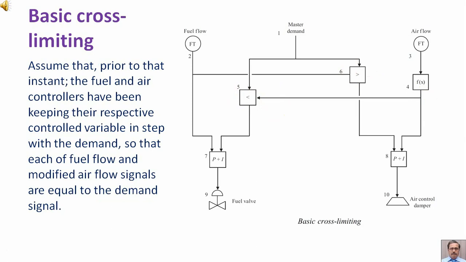Assume that prior to that instant, the fuel and air controllers have been keeping their respective controlled variable in step with the demand, so that each of the fuel flow and modified airflow signals are equal to the demand signal.